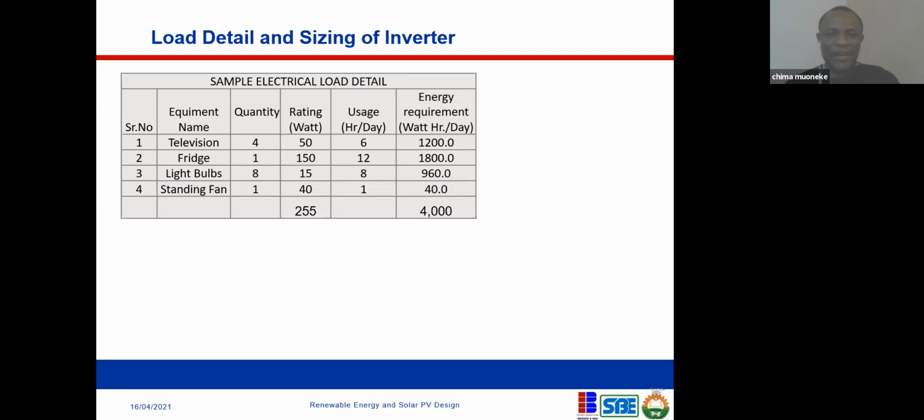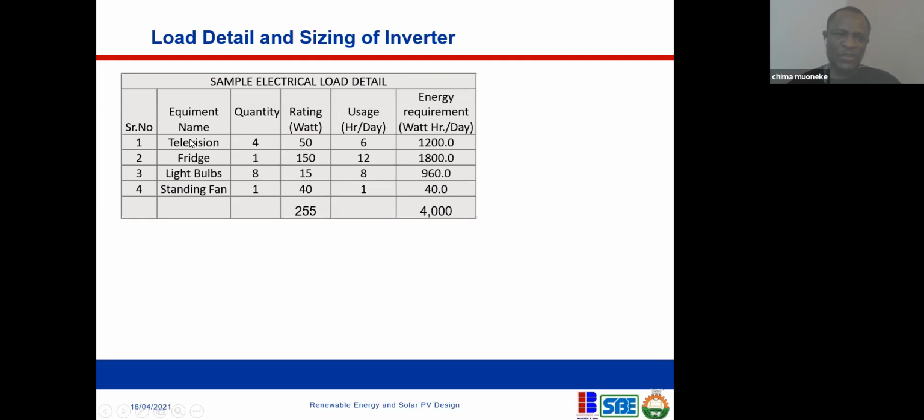Okay, so it's very important that this is the first step in any solar system design. The first step is to assess what needs to be powered, the load. You need to do a simple energy audit, and it's very important that we learn how to do this. There's an Excel file that I think Uche has shared. If he hasn't, it will be sent to you, where you can do this load assessment on Excel.